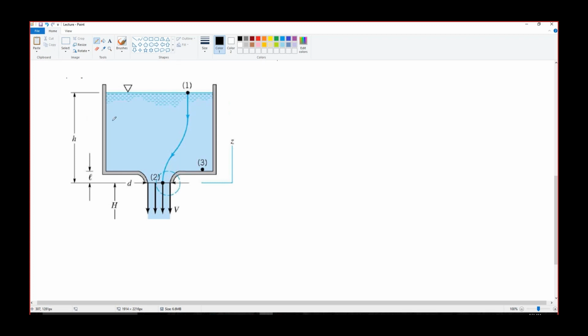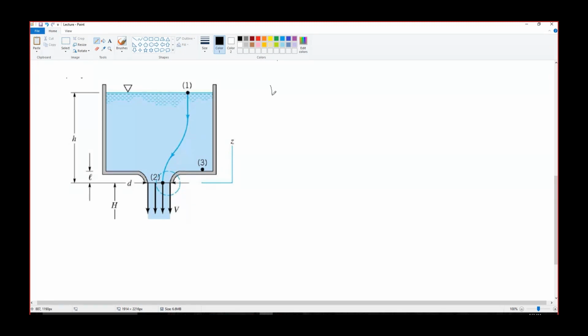In free jet, initially the fluid is at rest, and when there is a sudden opening or a hole, the fluid starts to flow from that hole. According to the Bernoulli equation, we can write the Bernoulli equation at any of these points, point 1, point 2, point 3. The sum of the three pressures at all these points should be equal to the total pressure, which is constant. That is, the Bernoulli equation at point 1 should be equal to that at point 2 and at point 3, right?